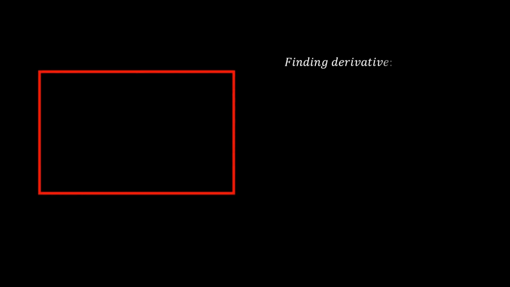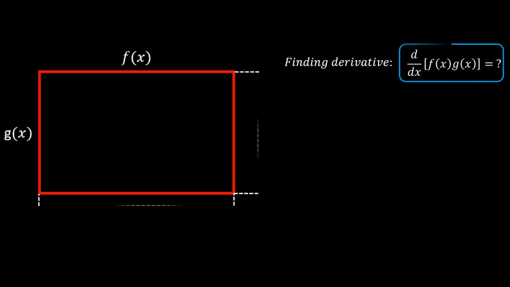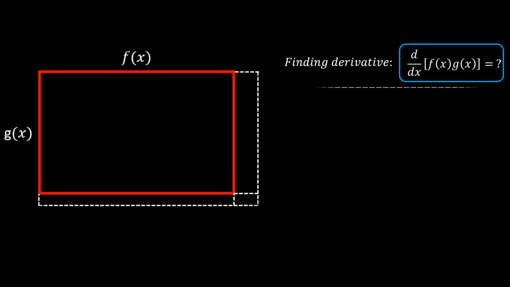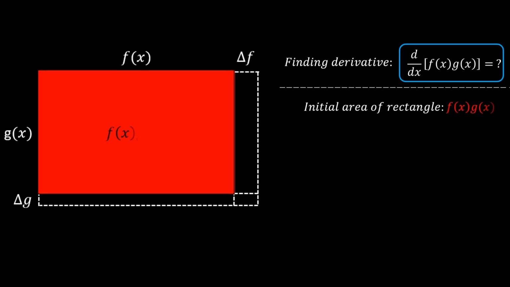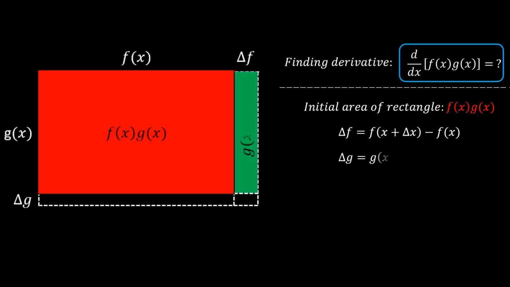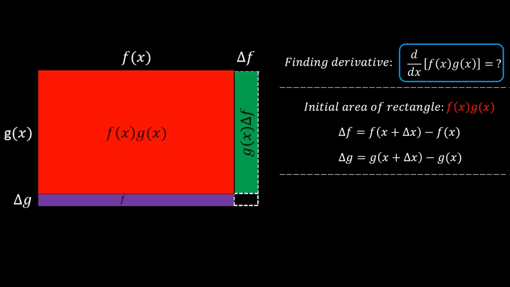Let's take a similar approach with the derivative d over dx of f(x)g(x), where f and g are both smooth functions. We'll compare the original rectangle with a stretched rectangle. Here, delta f equals f of x plus delta x minus f of x, and similarly delta g equals g of x plus delta x minus g of x.